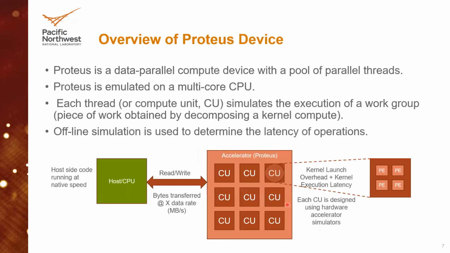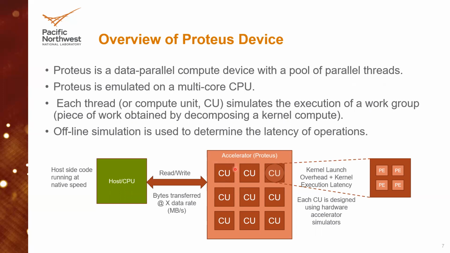What is a Proteus device? This gives a basic overview of a Proteus device. Proteus is a data parallel compute device. Essentially, it has multiple compute units, and each compute unit is operating in parallel. Here, a single compute unit is designed to implement a fixed function.